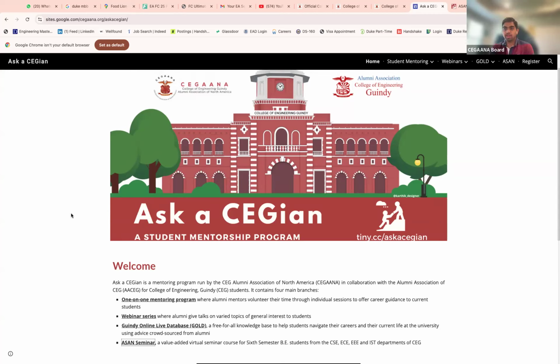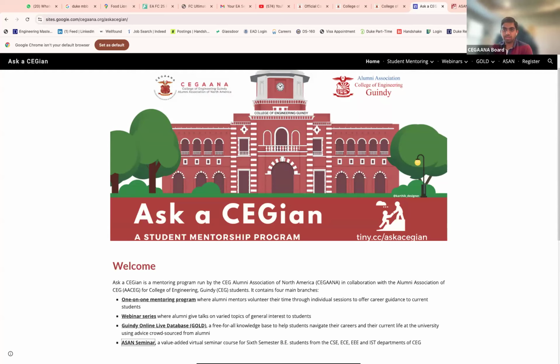We'll have these panelists talking about what Ask a CEGian is, and then we have the current ambassadors who would be talking about their experiences, what they've gone through in the past year, and giving more information about what Ask a CEGian is, so that you guys are more informed about all the resources that we have here in CEG.